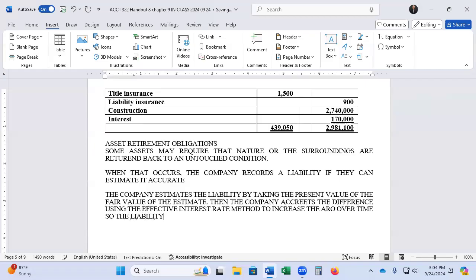So liability, estimated cost at retirement date.